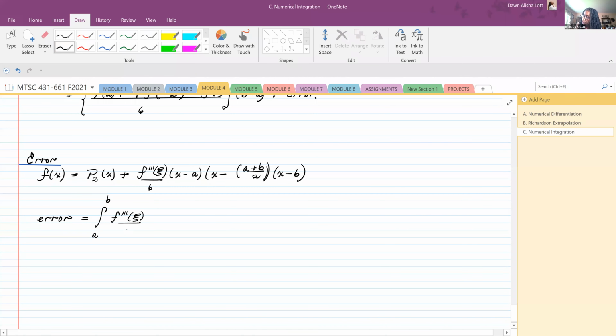Okay, and this is over 6. And then you're integrating a cubic. So this is x cubed plus stuff all the way down to the last term, which is minus a times a plus b over 2 times b dx.